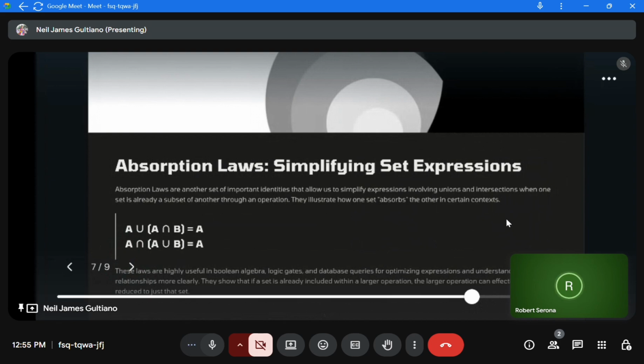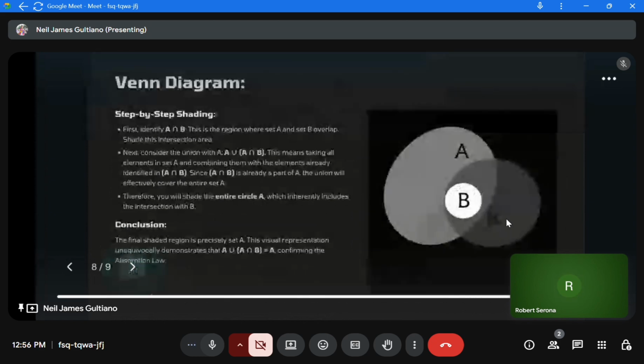To better understand this, let us now illustrate one of the laws using a Venn diagram. Here we have A union the set of A intersect B. First, identify A intersect B. This is the overlapping area between A and B. We shade that intersection. Next, take the union of A with that shaded part.